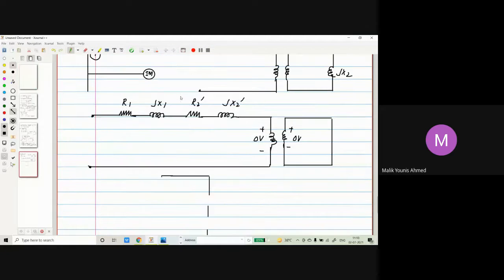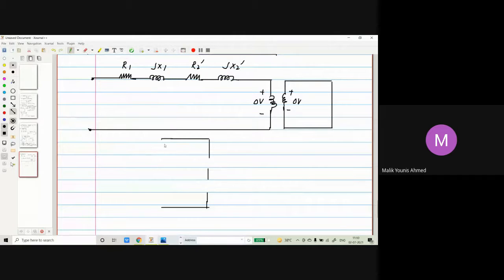Okay, fine. So what we can do here, since it's a short circuit, here it will be a complete short circuit. So we can combine these resistances. These resistances will become like this, and reactances will become like this: R1 plus R2 dash and JX1 plus JX2 dash.